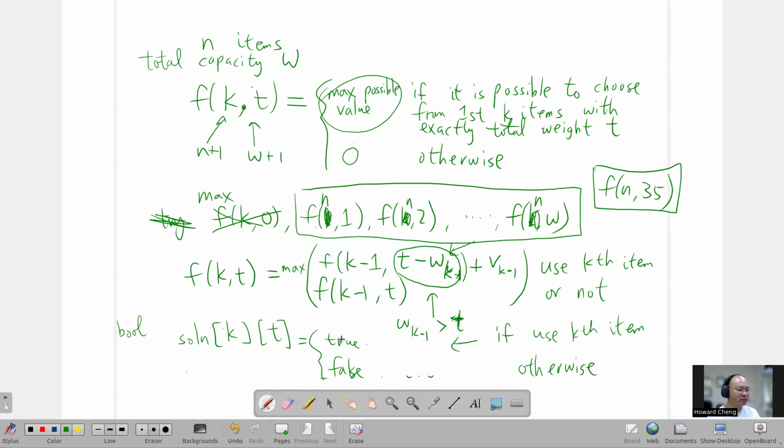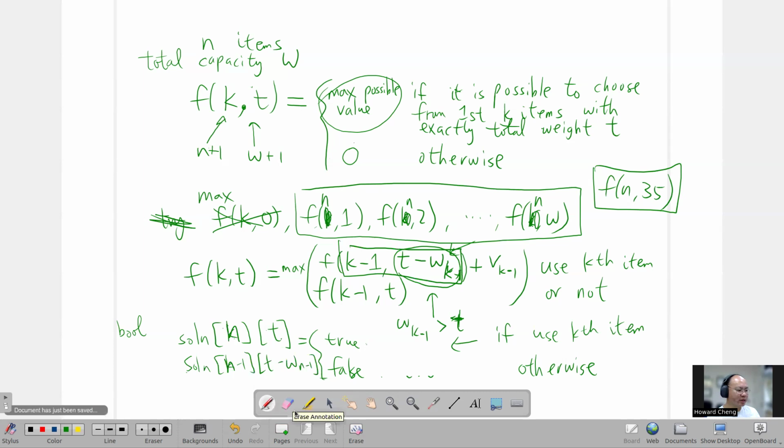And knowing that I use this, then I can recurse this way, and I can look up the solution of k minus 1 and t minus w_n. And then based on that, I know whether I choose the second last element, and so on. And this is what is called tracing back the solution. It's a common way of getting this if you're interested in more than just the optimal value, but actually which way you selected this.